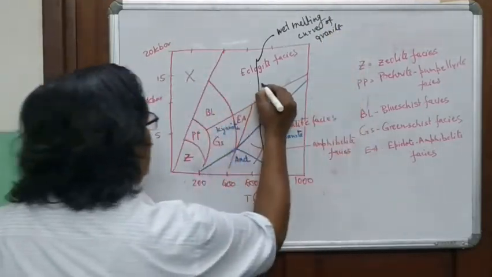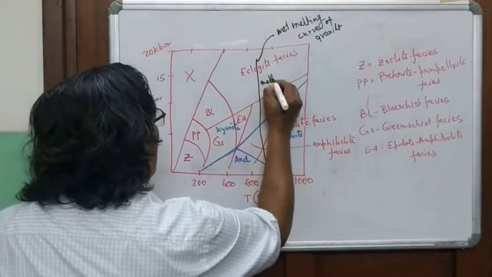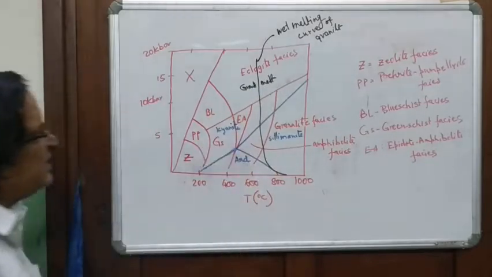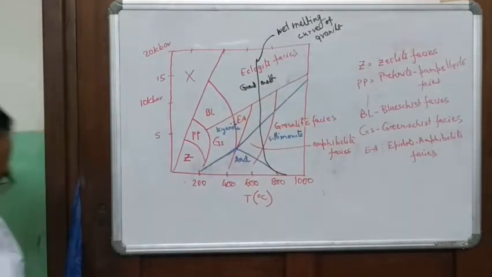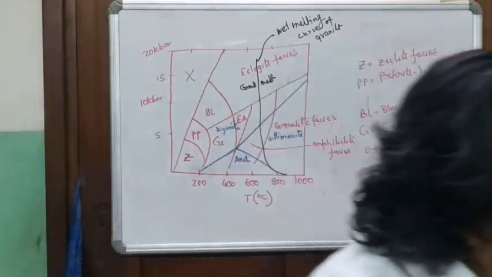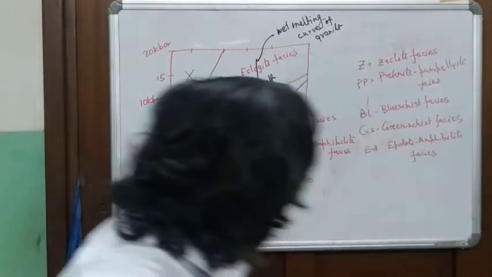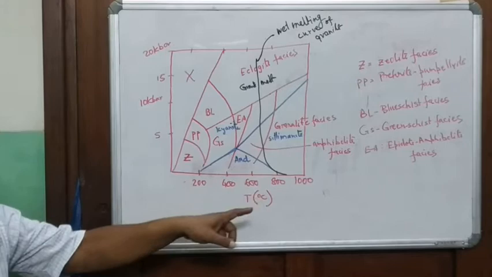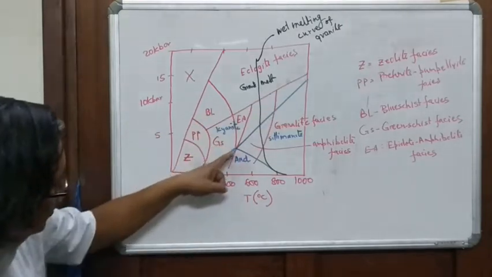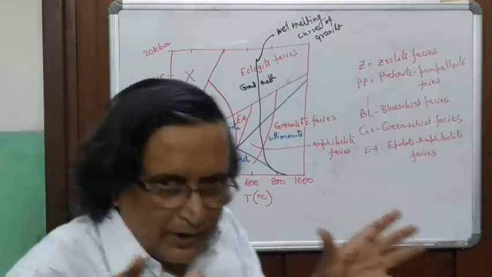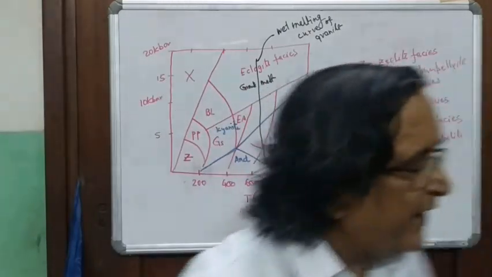On this side it is melt, on this side it's granite. This is the diagram that I started with. So this is all that I will say. This is only for your reference. In blue, you have andalusite, kyanite, sillimanite, triple point. It's a good reference frame.